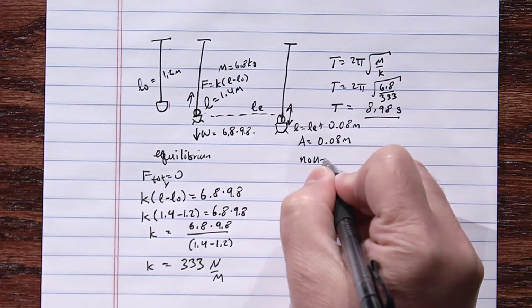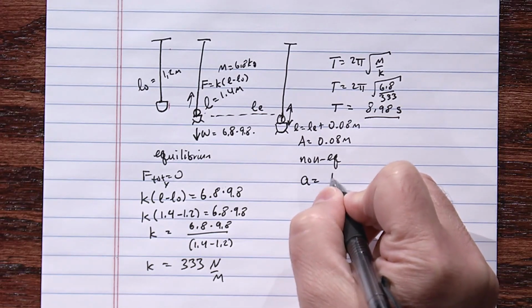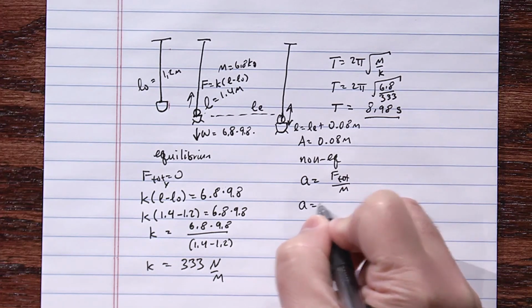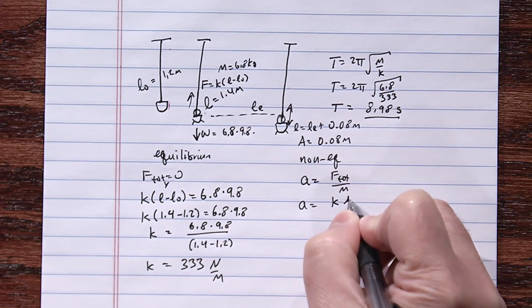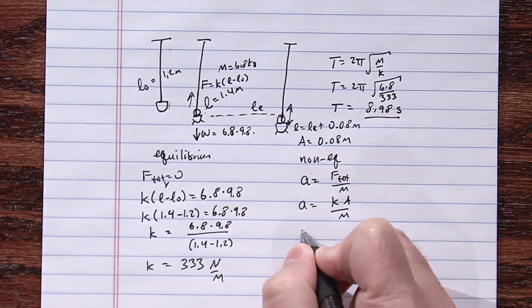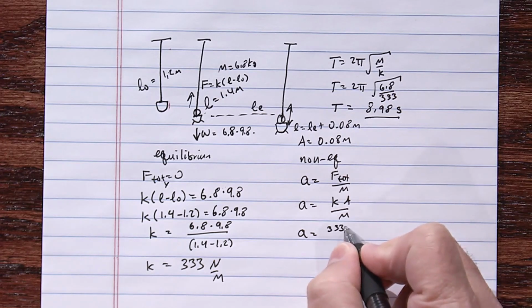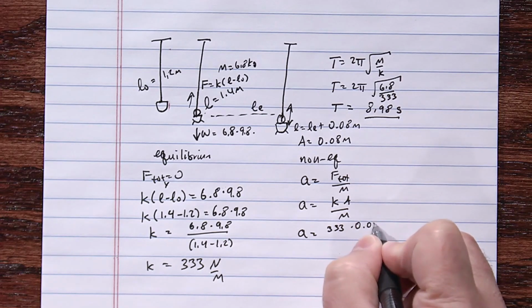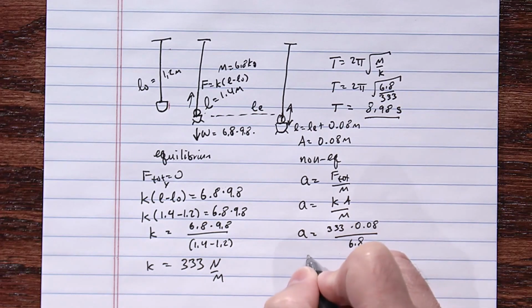So we have a non-equilibrium situation, and the acceleration is equal to the total force divided by the mass, or the acceleration is equal to k times the amplitude divided by the mass, or 333 newtons per meter times the amplitude of 0.08 meters divided by the baby's mass of 6.8 kilograms.